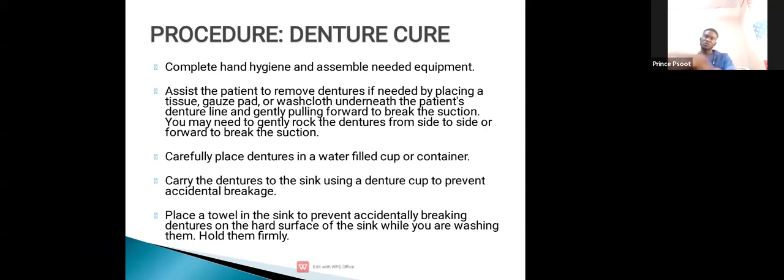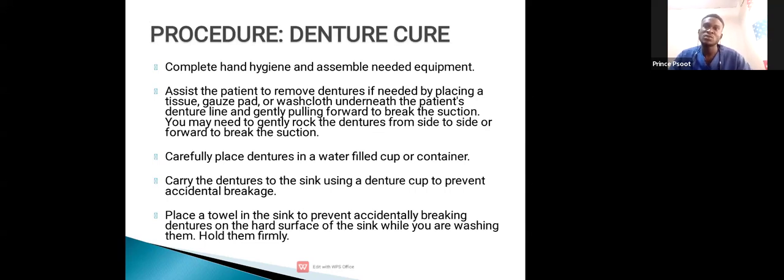Now, we move to the final procedure in this course, the final procedure in this section, which is what? Denture care. To do denture care, the first thing you do is complete your hand hygiene and assemble the needed equipment.